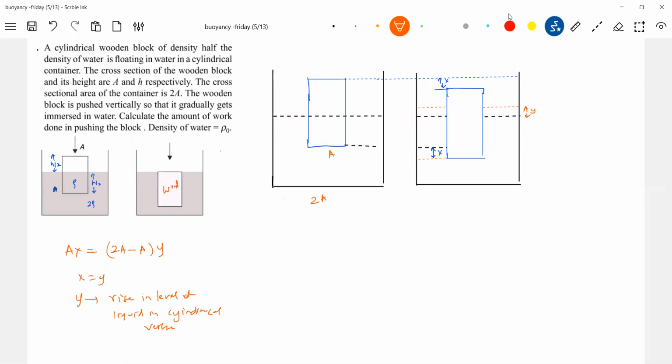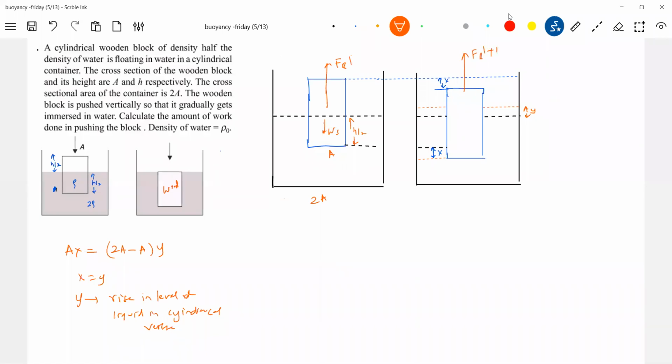Okay, now tell me, what is the buoyant force now? Already some h by 2 length is immersed, no? So what is the additional buoyant force? Additional buoyant force should be rho g times the additional volume. So initially there's a buoyant force Fb dash acting, equal to the weight of the solid. So now how much will it be?